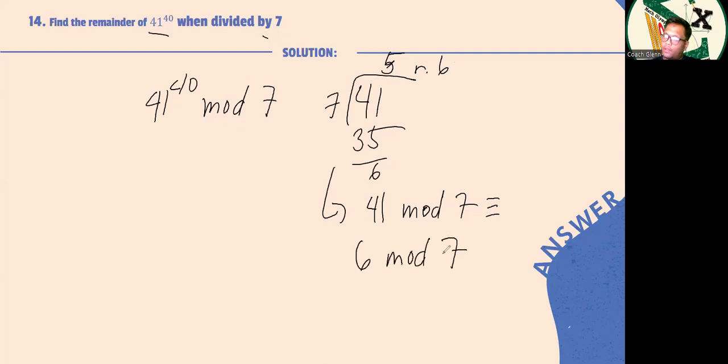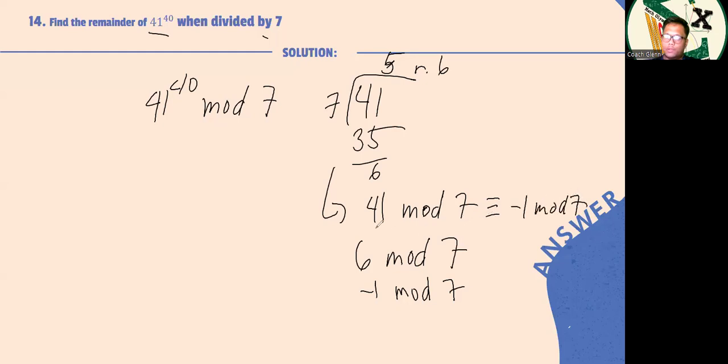Next, you can manipulate this one by adding 7 or subtracting 7. The better way we can do is we subtract 7. Your goal is to get values like 1, 0, or -1. So 6 minus 7 is -1. So that will be written as -1 mod 7. So we know that 41 mod 7 is congruent to -1 mod 7.